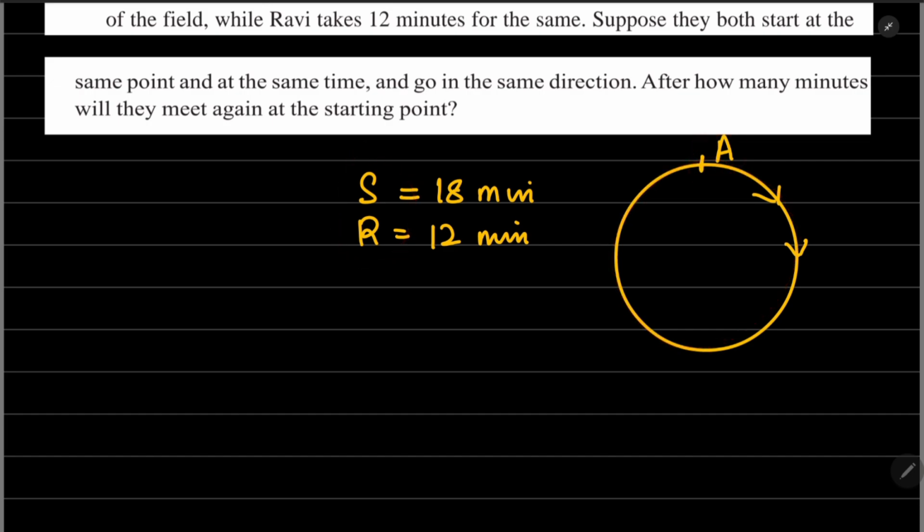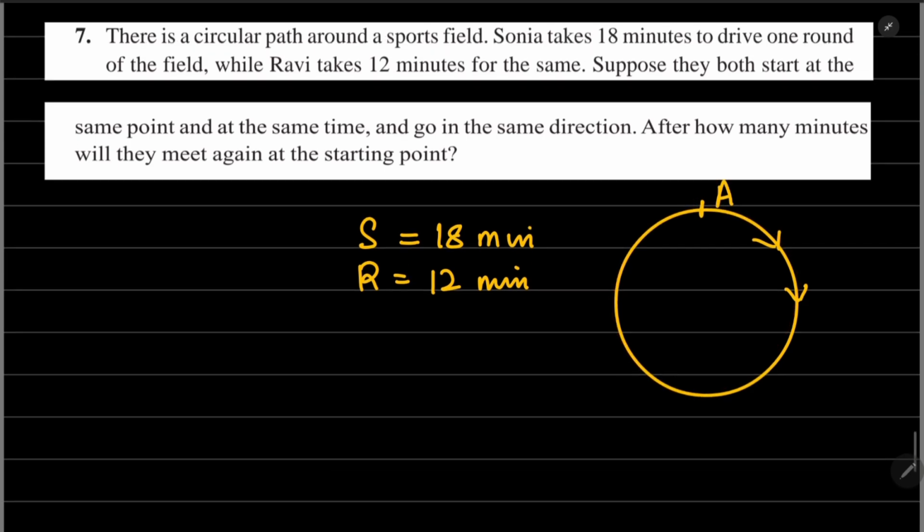Now, one of the major things to think about is, will it be a time less than the given time? Is there a possibility that the two will meet again at A in 18 minutes, or in 15 minutes, or 16? Is it possible that they meet in a lesser amount of time, less than 18 minutes or less than 12 minutes? Not possible, because one is taking 12 minutes and the second is taking 18 minutes to complete one round.